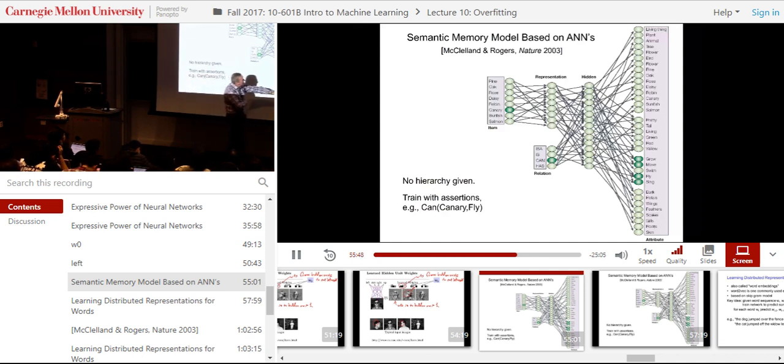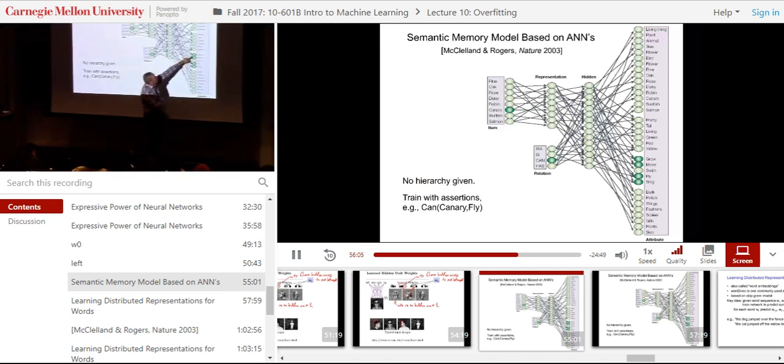And the outputs are values of the relation. So for example, when they train this, they train it to say a canary, they make that a one-hot vector, all zeros and a single one. Canary can sing, fly, move, and grow. That's what canaries can do. They can't bark, and so forth.